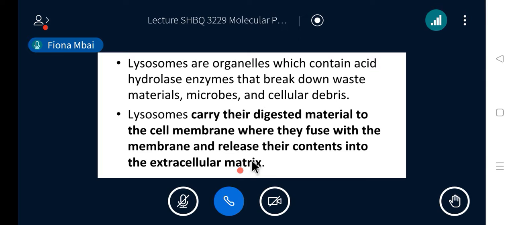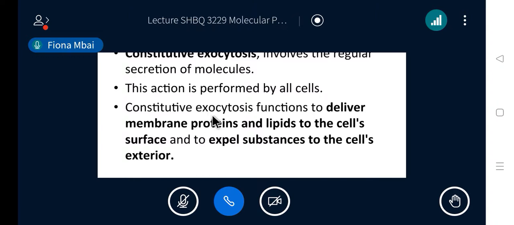The matrix is found on the basal side of the cell, and the extracellular fluid is outside the cell on the apical membrane.